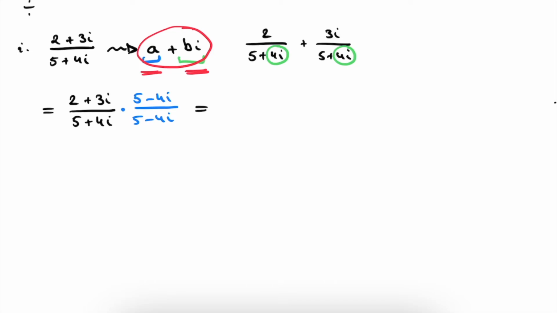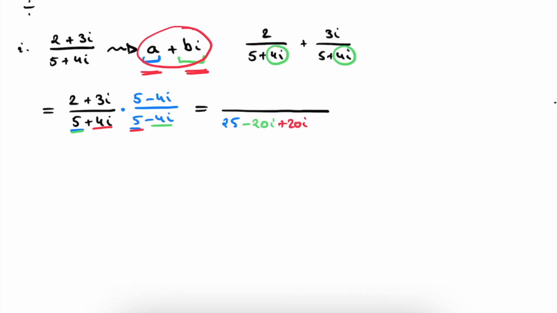If we do this multiplication, we first look at the denominator. Again, we use the same distributive property to multiply all of these numbers together. So in the denominator, we first get 5 times 5 is 25. We multiply 5 with minus 4i, which becomes minus 20i. Then we multiply 4i with 5, which becomes plus 20i.